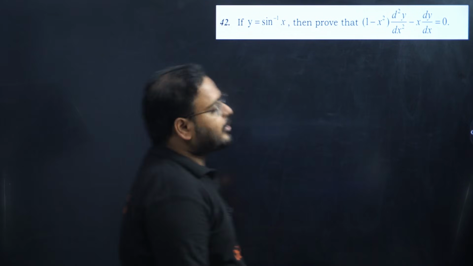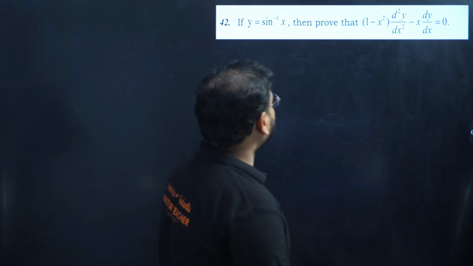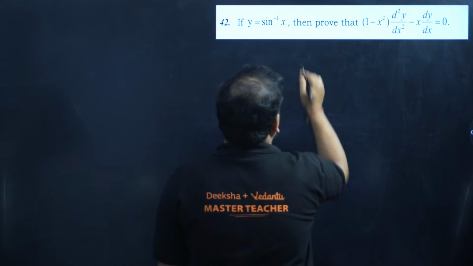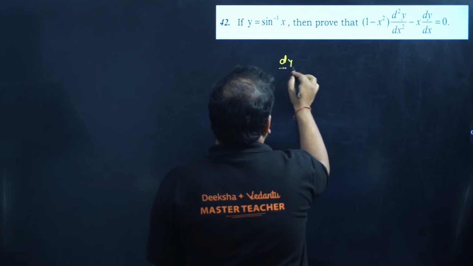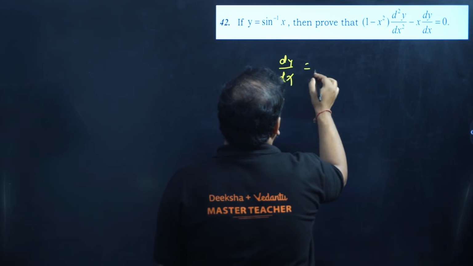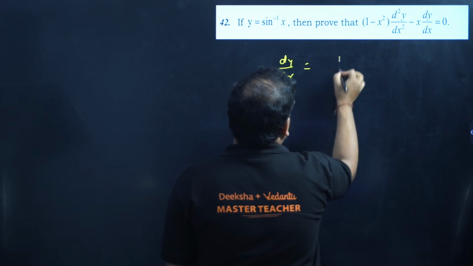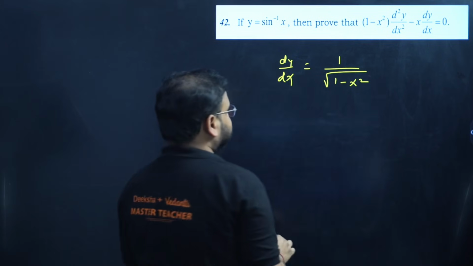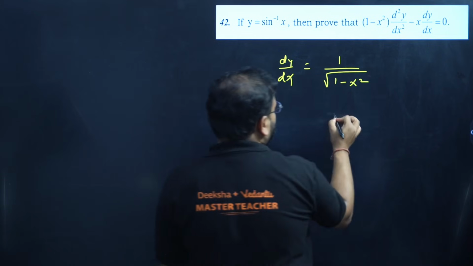Next, question number 42. Sine inverse x is y. Prove this is the condition. We have to use the second derivative and first derivative together. First, find the first derivative. dy by dx will be 1 upon root of 1 minus x square. I can take this as y1, to simplify writing and save time.